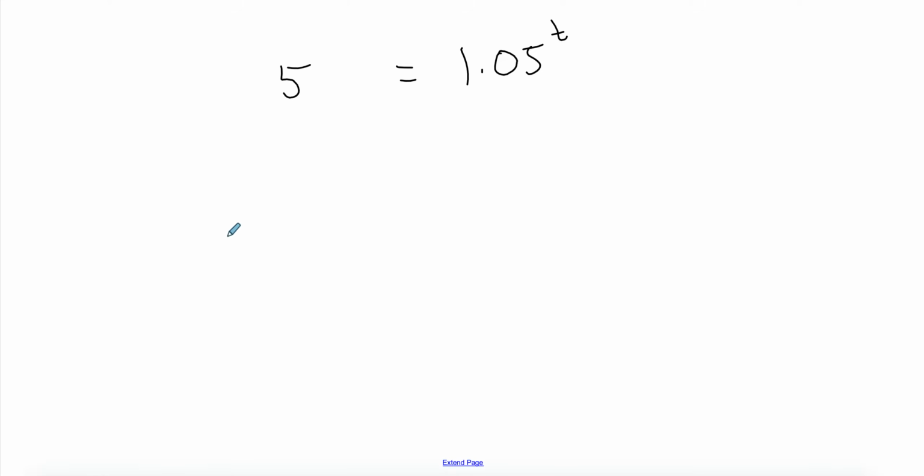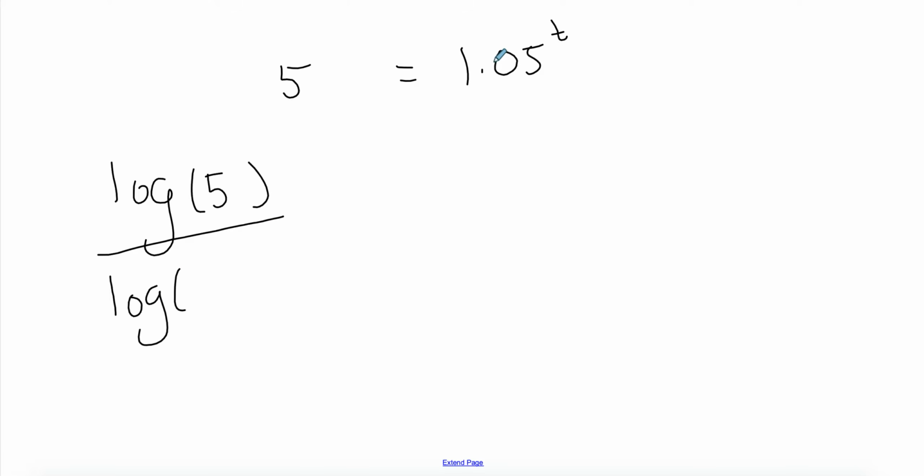Now that we've isolated everything, there's nothing there except for the value to the power, you're going to take log of 5, so whatever you found on the left-hand side, and then you're going to divide it by the log of the base that's being raised to the power. And this will give you the value of t.